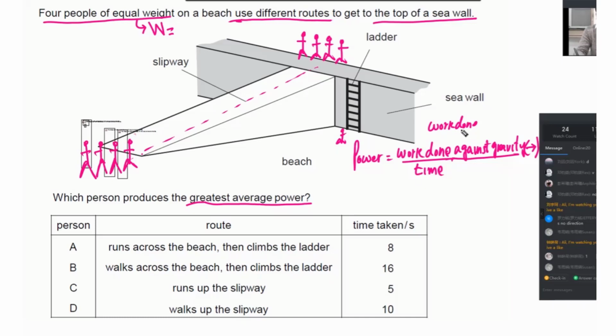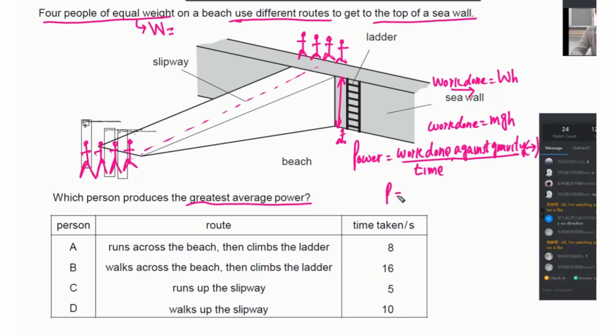In this case work done is equal to mgh, or we can say work done is equal to W times h. W for every person is the same, and the height is the same. If W is the same and height is the same, it means work done is the same.